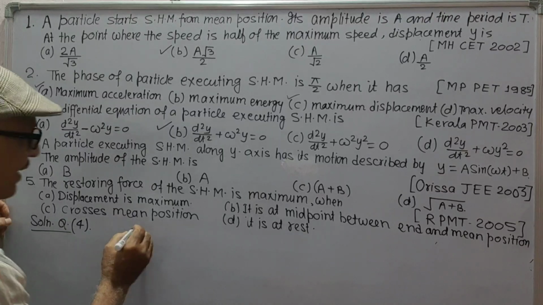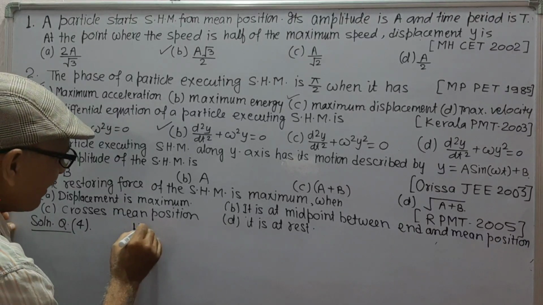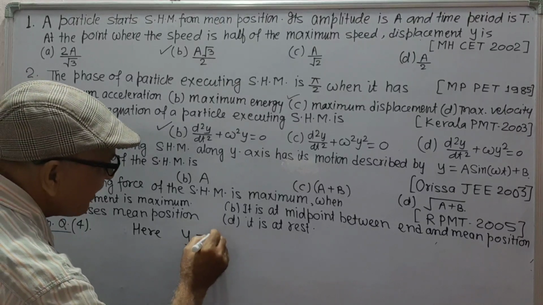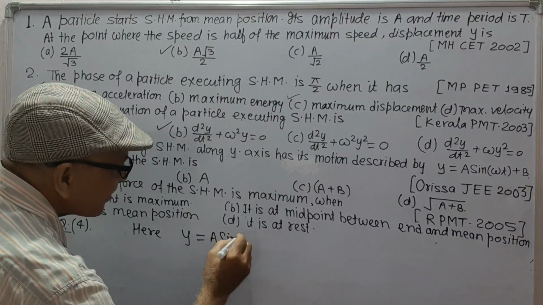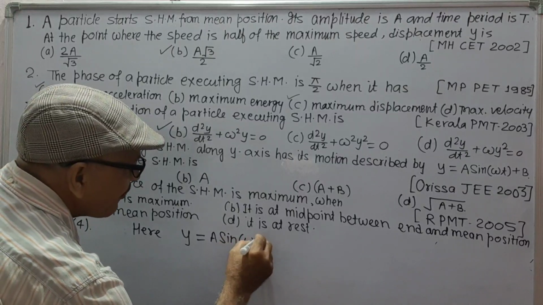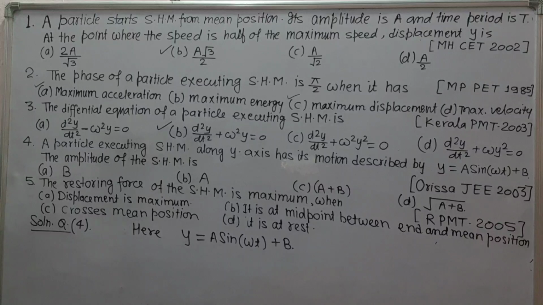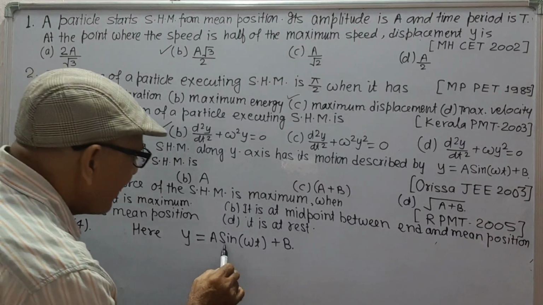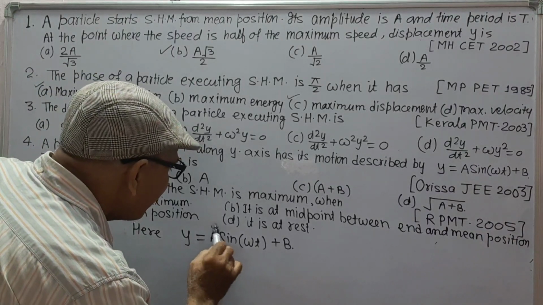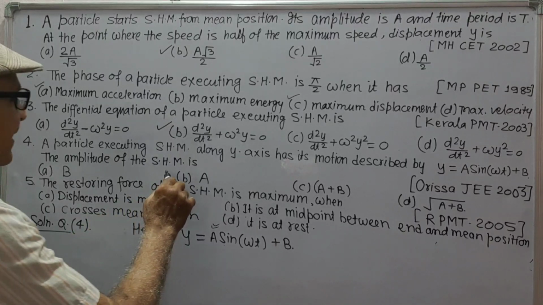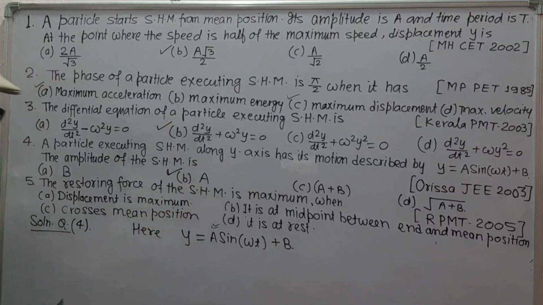Here the simple harmonic motion equation is given as y is equal to a sin omega t plus b. So a will be the amplitude of the simple harmonic motion and option B is correct.